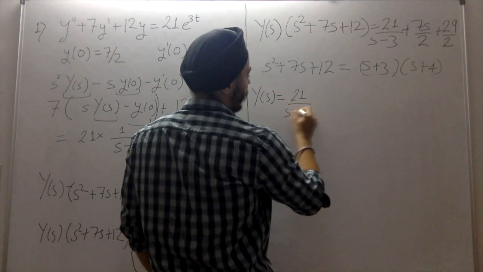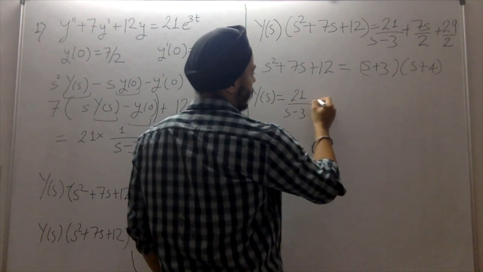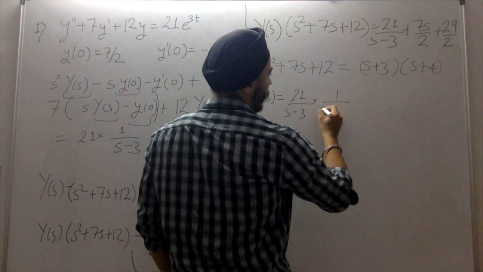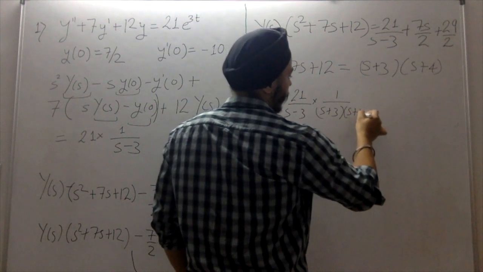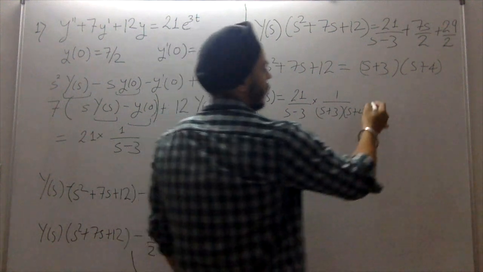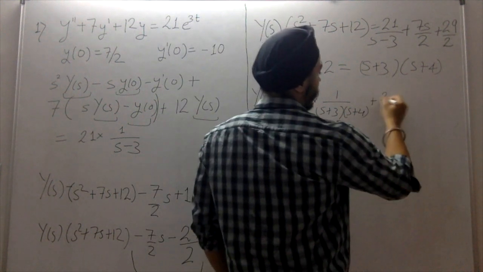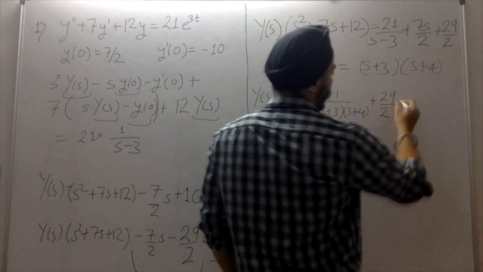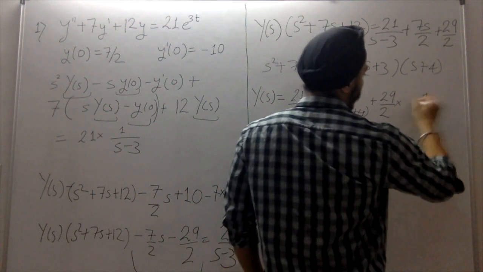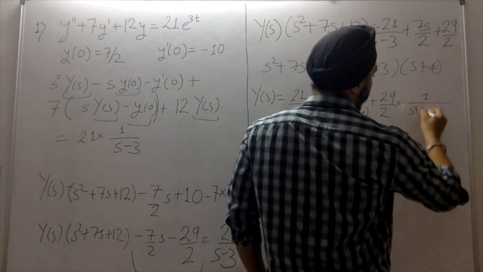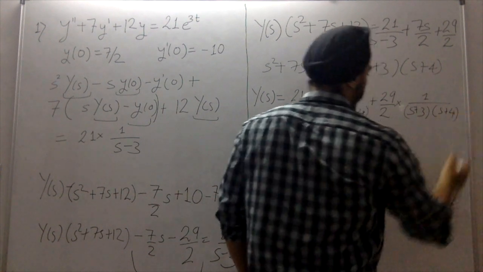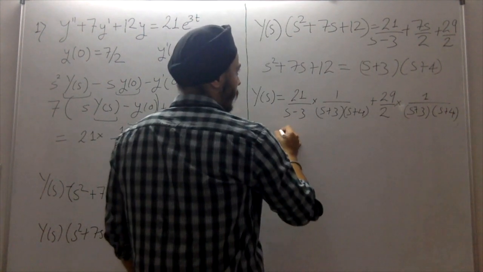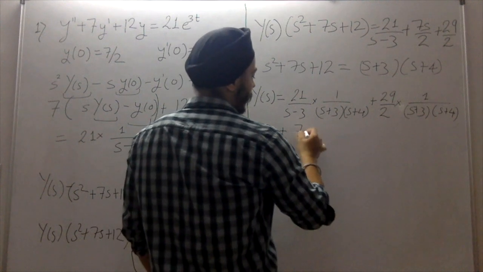So our y of s will be equal to 21 over s minus 3 cross 1 over s plus 3 into s plus 4, plus 29 by 2 cross 1 by s plus 3 into s plus 4, plus 7 by 2.